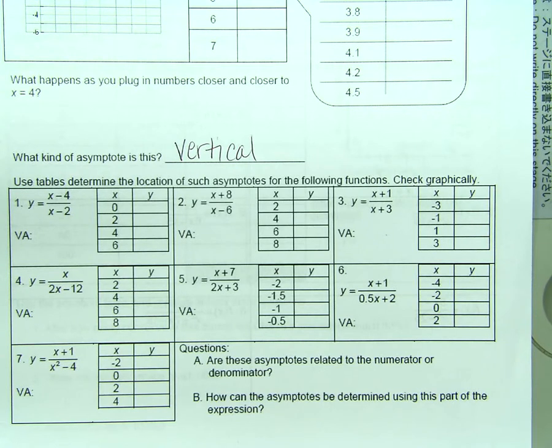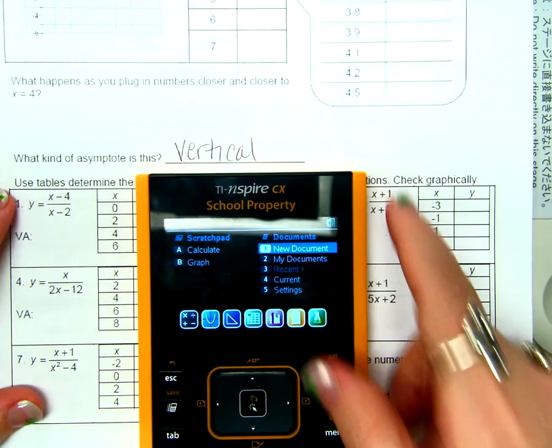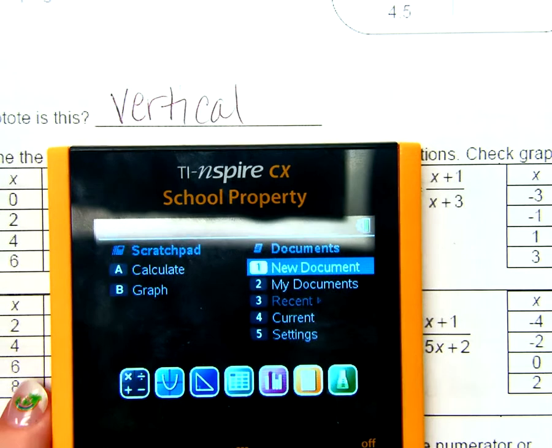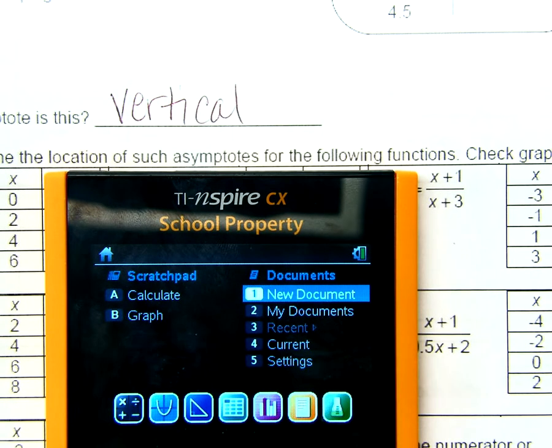Hey, before you get started, let me see your calculator, please. I need to show you something real quick. When we're putting in rational functions, we have to be careful, okay?